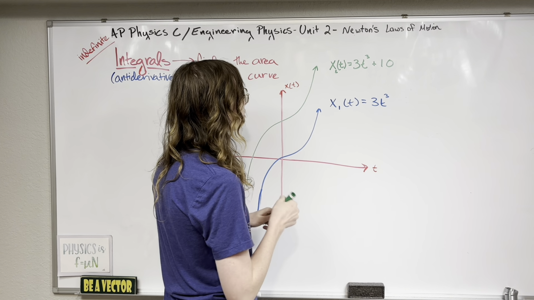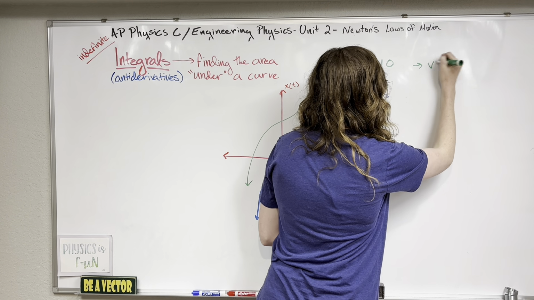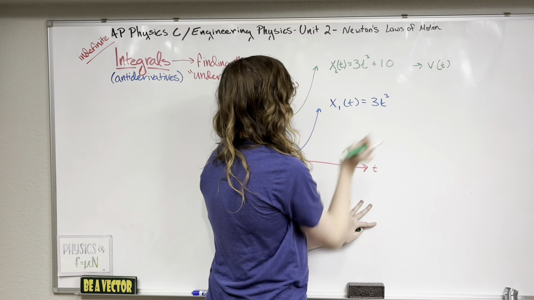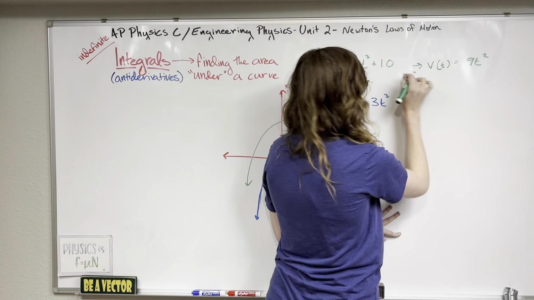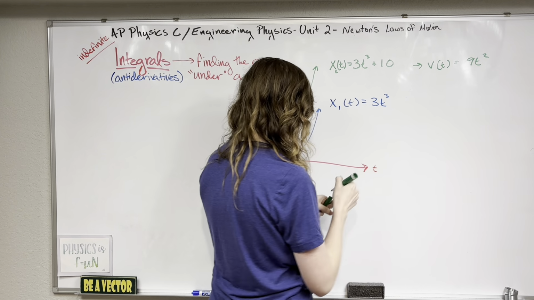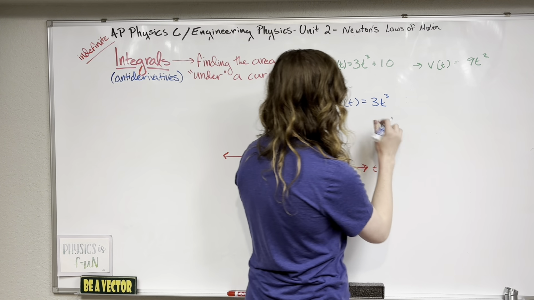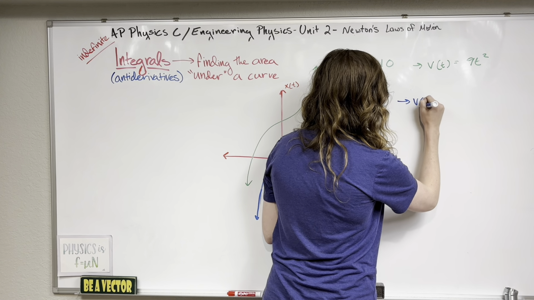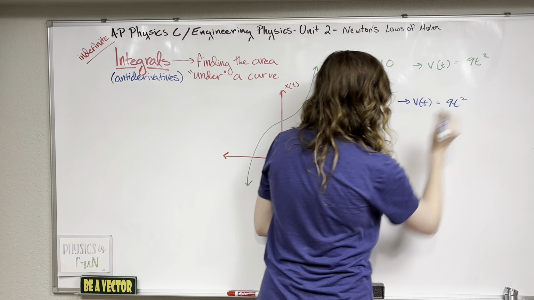The derivative of x2 of t, which would give me my velocity, would be, well, to take the derivative of 3t cubed, that gets me 9t squared. The derivative of that 10 is 0, so it's just 9t squared. And when I do the same for my blue function here, my velocity, 3t cubed, just gives me 9t squared as well.